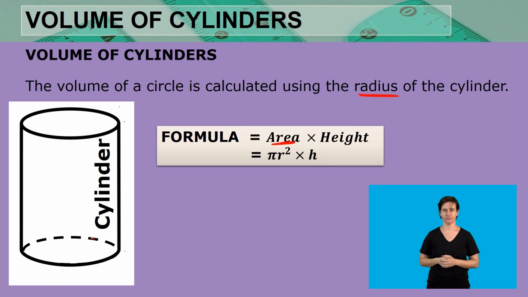So as we can see there, the base is a circle, which means that the formula for the area is going to be pi multiplied by the radius squared. And we are then going to add the height of the cylinder, so we're going to multiply that by h, which means that the formula there is pi multiplied by the radius squared multiplied by the height. Let's look at some examples.